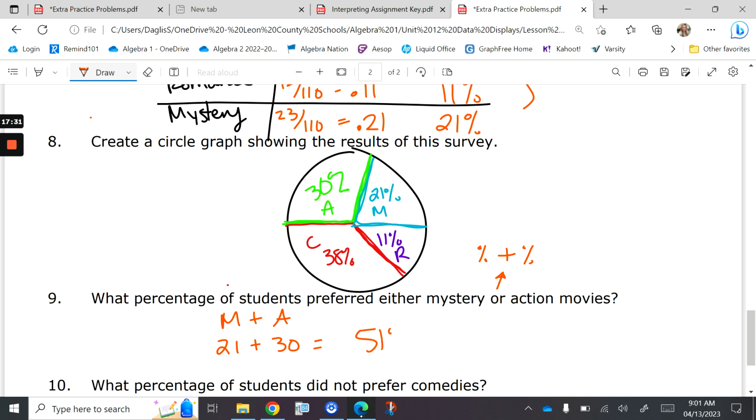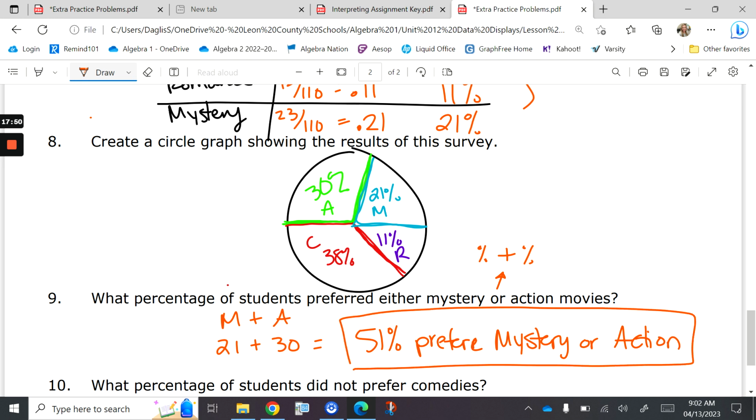So them together, 51% prefer mystery or action. So when you get that or, that wants you to add pieces together.